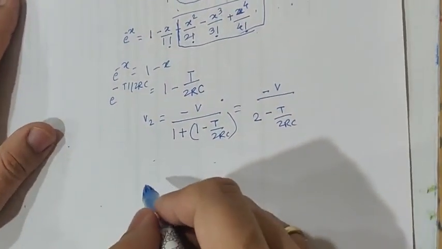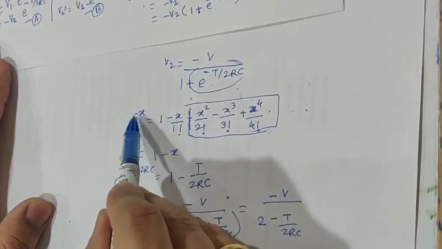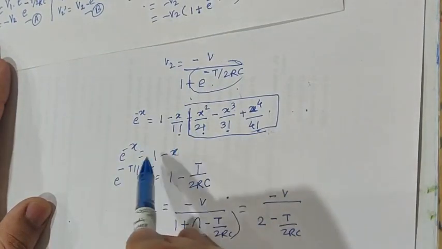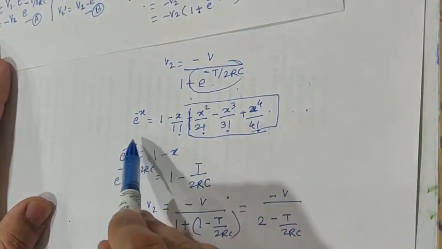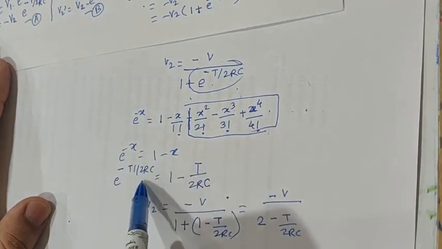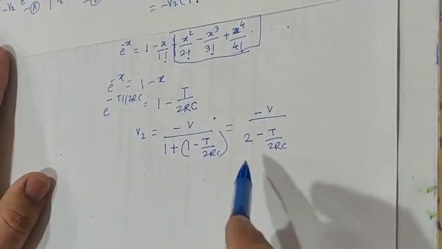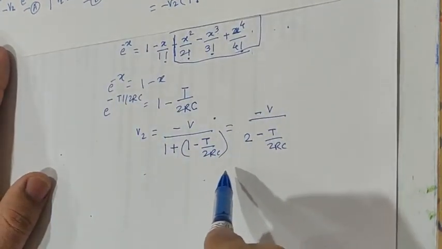Try to understand step by step. We have taken this particular function as e to the power minus x, written it in series, neglected the upper power. So e to the power minus x can be written as 1 minus x, and e to the power minus t by twice RC can be written as 1 minus t by twice RC. Therefore this is the term that we have got now.